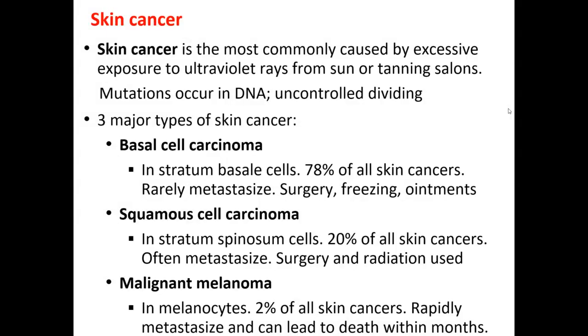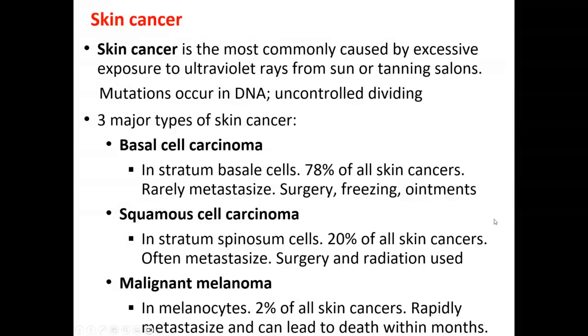They can spread really quickly and be fatal. And you can get a melanoma, and if it's on your back, it could spread to your spine, or spread to your lungs or liver, or the chest wall.